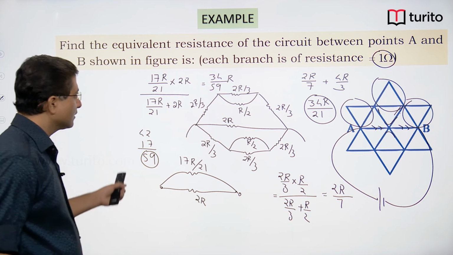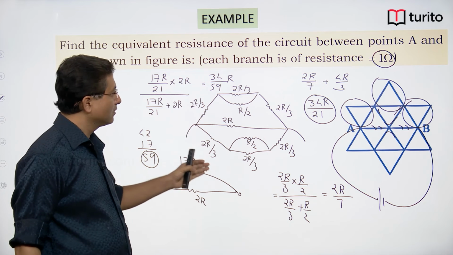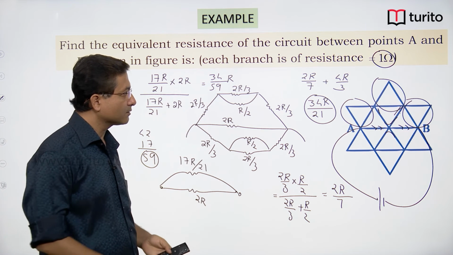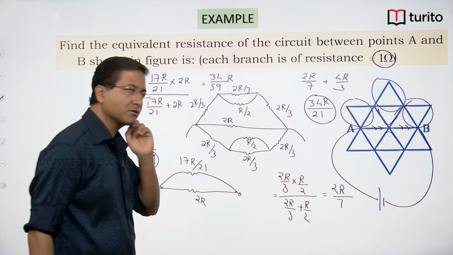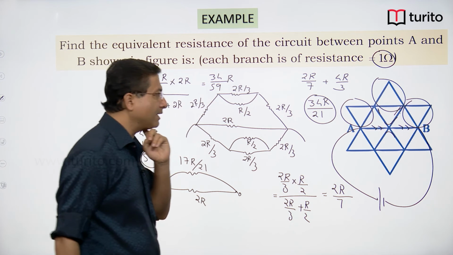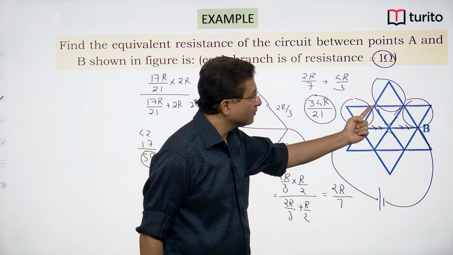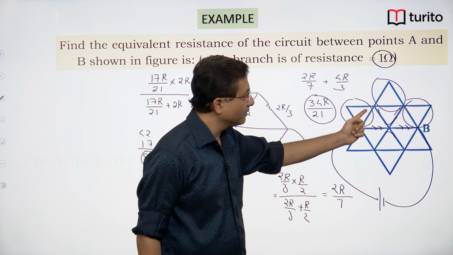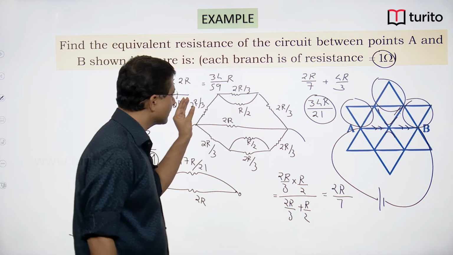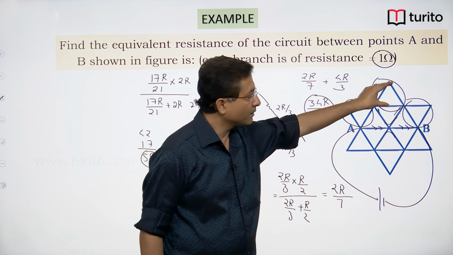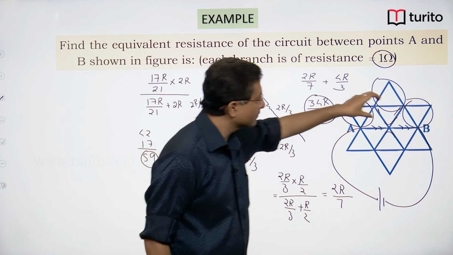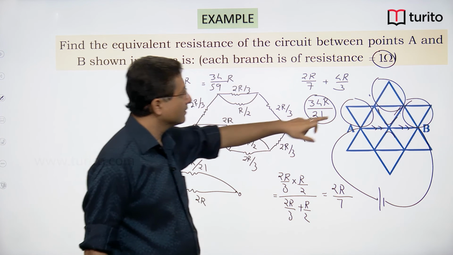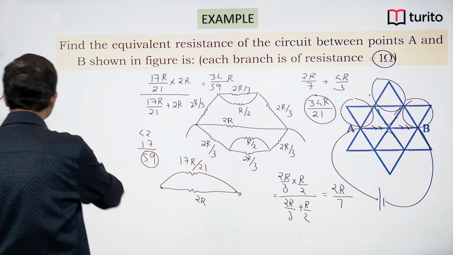So, this way I can simplify, and after simplification, this circuit is the same as the previous one, only difference is earlier here we had R, now that R will be 2R by 3, okay. So, 2R by 3, this whole branch I have connected here, and 2R by 3 here.